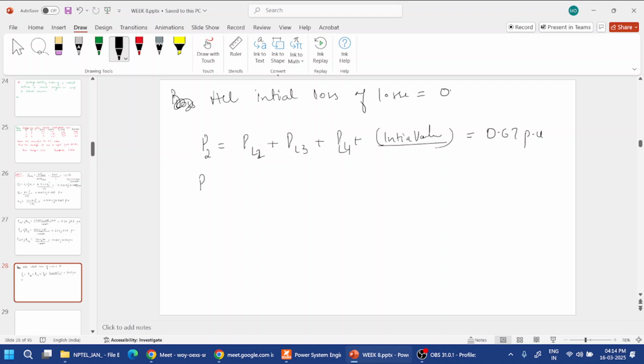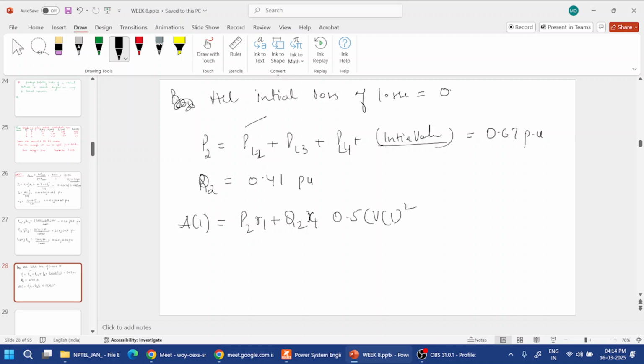Then we calculate Q2. It comes out to be 0.41 per unit. We take Q2 plus QL2 plus QL3 plus QL4 plus initial values of losses, which is this much. Now we will calculate a matrix, which is P2R1 plus Q2X1 minus 0.5 V1 square.